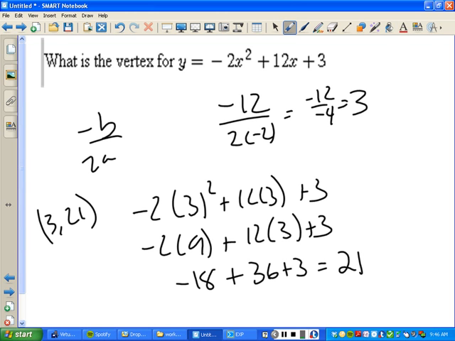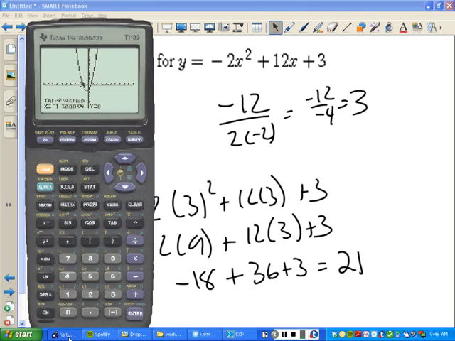I tried putting that in the calculator to check it, and it would just keep going to error. Because it was really huge, and then I tried to change the max. Yeah, you'd have to adjust your window for sure. You'd have to adjust the maximum value, yes.